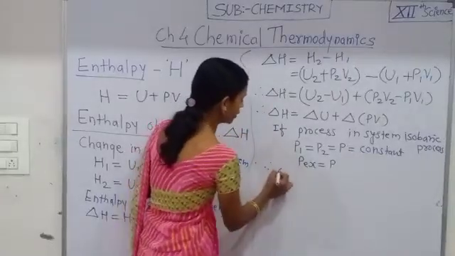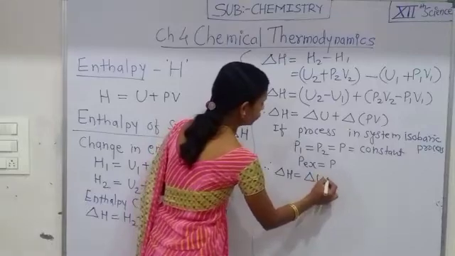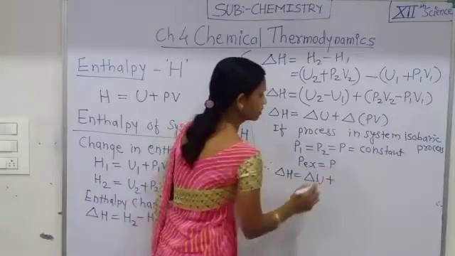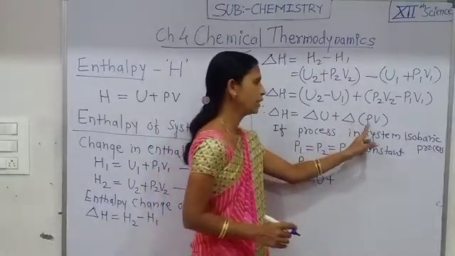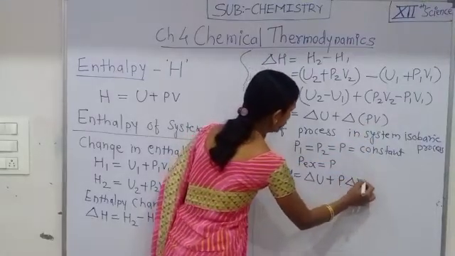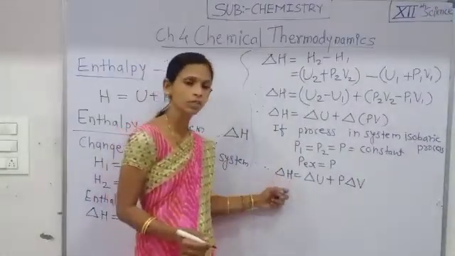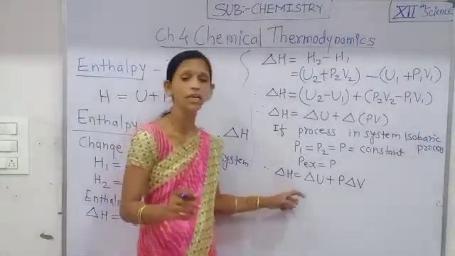Therefore we can write delta H is equal to delta U plus, as P is constant, P delta V, and that is the equation for change in enthalpy of the system.